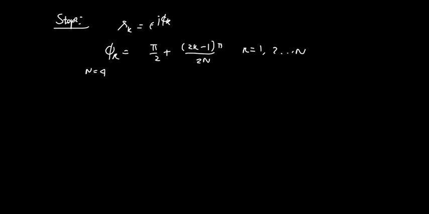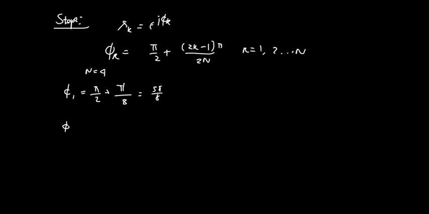So first we will find phi 1. So phi 1 is equal to pi by 2 plus, substituting k as 1, 2 minus 1 is 1, n is equal to 4, so it becomes pi by 8, so it is 5 pi by 8.